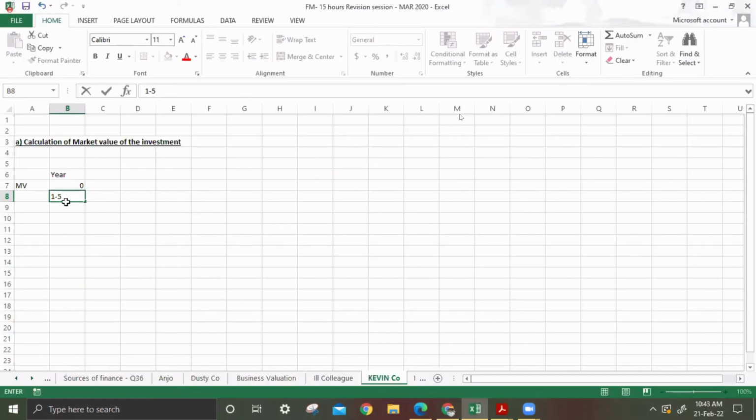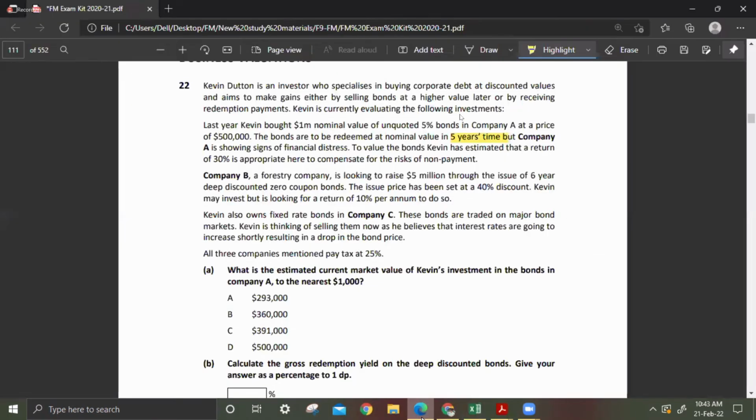So year 1 to 5, how much is the interest you're getting on the bond? $5, correct? Year 1 to year 5, you are getting interest of $5. Why 5? Because 5 is the interest rate. 5% bonds, and this is always calculated on the nominal value of the bond, which is $100.